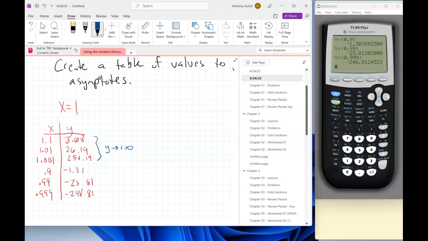By almost a magnitude of 10 at least, right? What about these ones? What does it appear that we're going to there? Negative infinity. So these are what tell me that I'm getting a vertical asymptote when it appears the y coordinates are growing very quickly without bound.